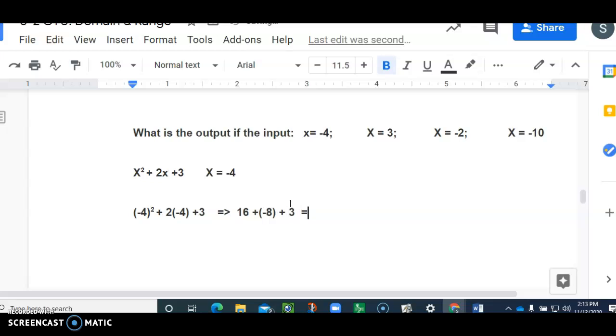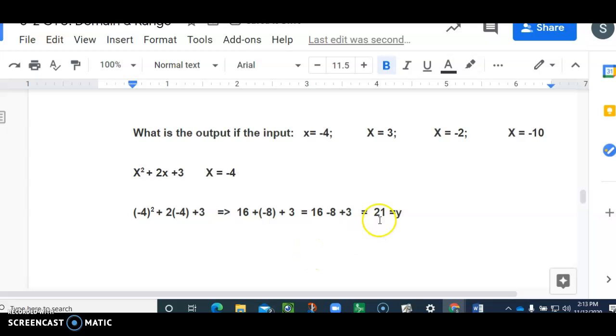So 16 plus negative 8 is the same as 16 minus 8, plus 3. 16 minus 8 is 8, 8 plus 3 is 21. And that 21 is equal to my y.